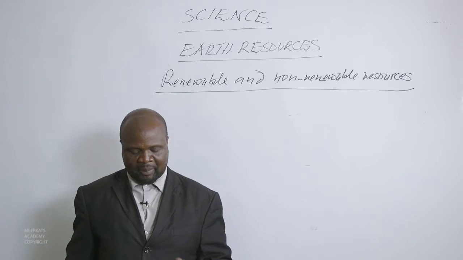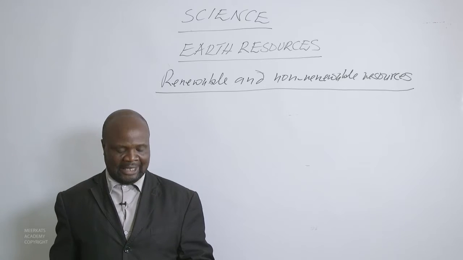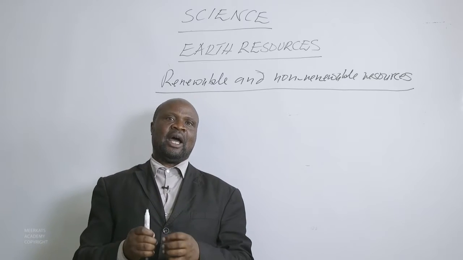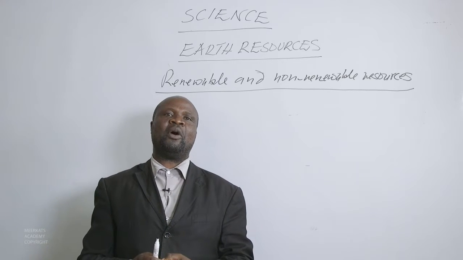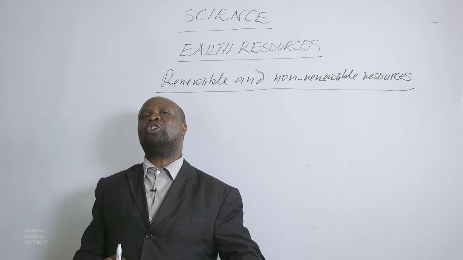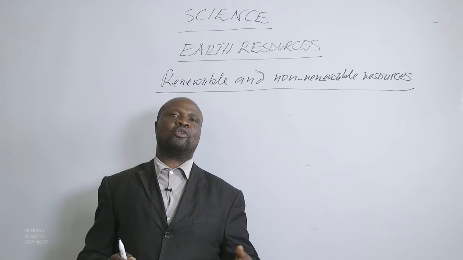So we are saying some resources such as sunlight are renewable and will never run out, as long as the sun keeps on rising daily. So we cannot talk of a day we are not going to have a sun.